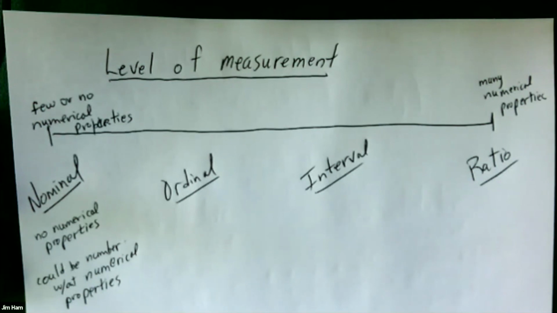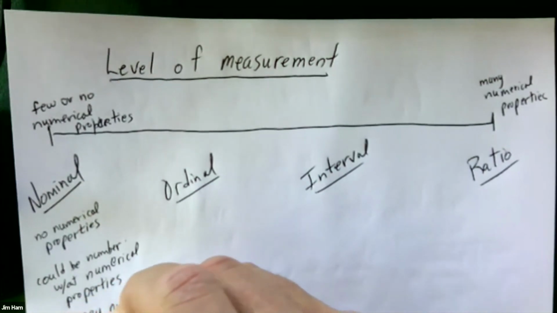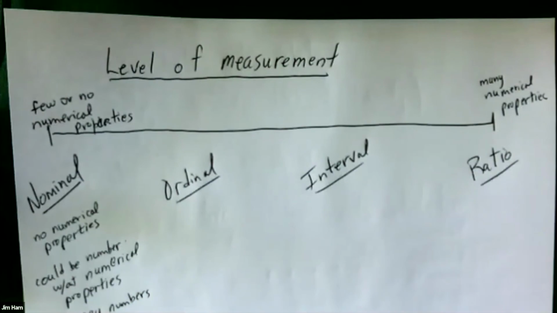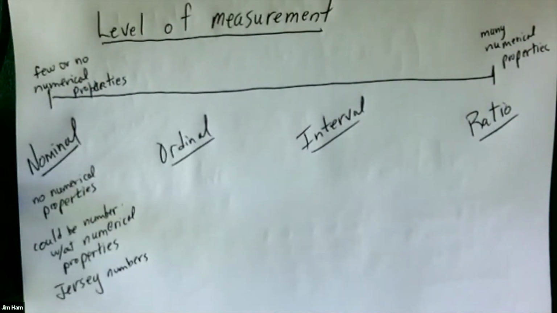We wouldn't even want to rank the jersey number 13 and the jersey number 88 and say one of those jerseys is larger than the other. They're just ID numbers. It's the equivalent of writing AB on the back of a jersey. We certainly wouldn't say that the jersey number AB is numerical. So similarly, jersey numbers would be an example of where you're using numbers, but they really don't have any numerical properties.